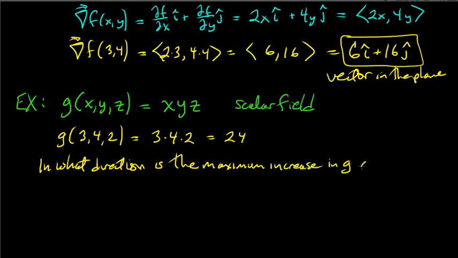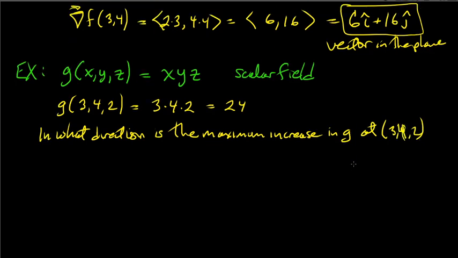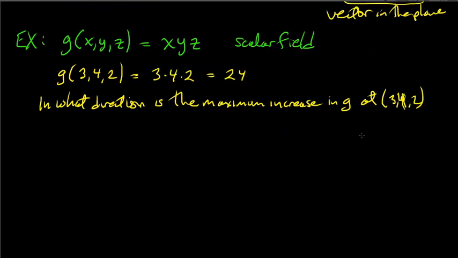And let's say at the point 3, 4, 2. Oops, that should be a 4. All right, at the point 3, 4, 2. So what is that direction? Well, it's still the gradient. So we still have to calculate the gradient of G.